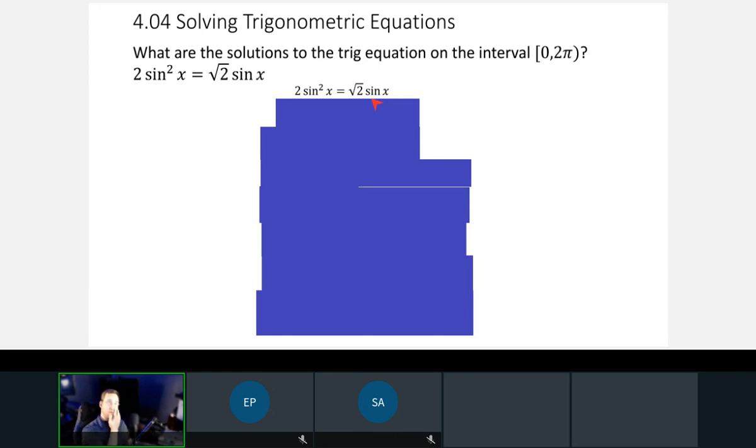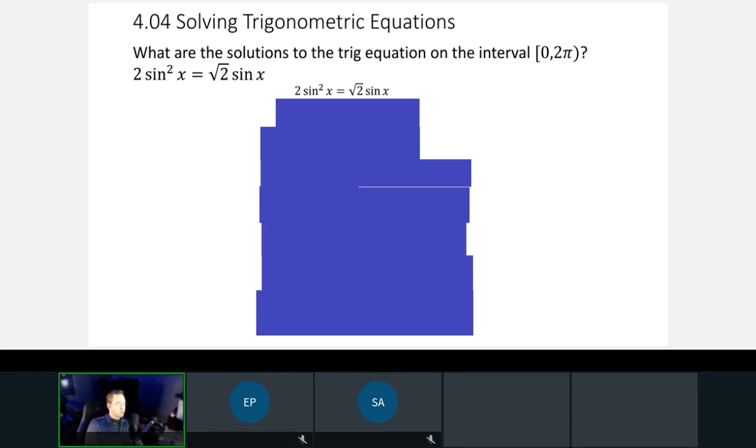So when you solve trig equations, you want to avoid dividing by the trig function. Not always, but I would say most of the time. How about most of the time for this class? Because when you divide stuff out and it cancels out, you actually lose it. And that matters.